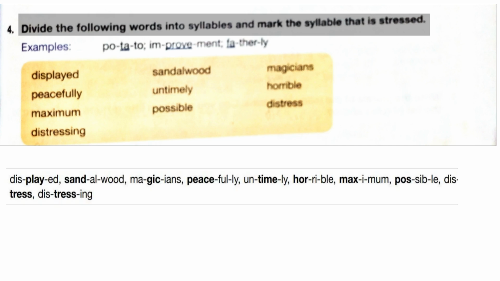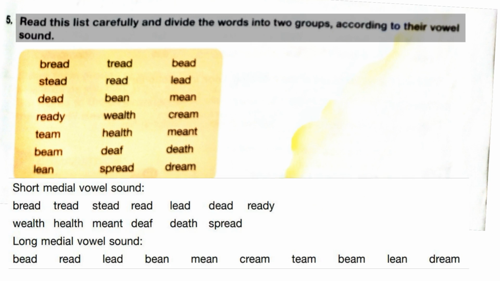Solution is as under. Question number 5 is: read the list carefully and divide the words into two groups according to their vowel sound. Solution is as under.